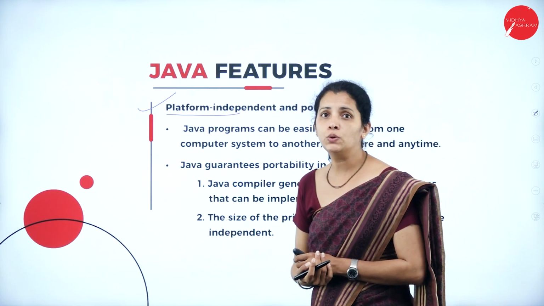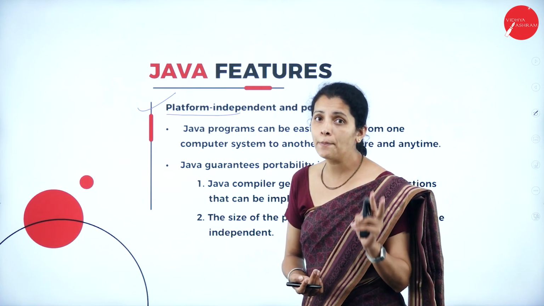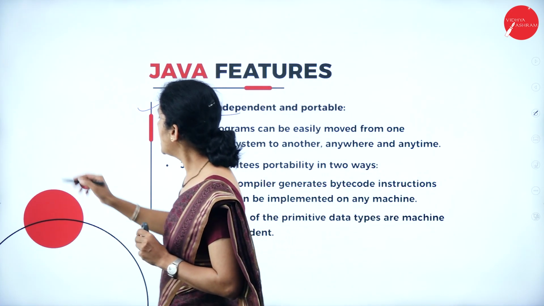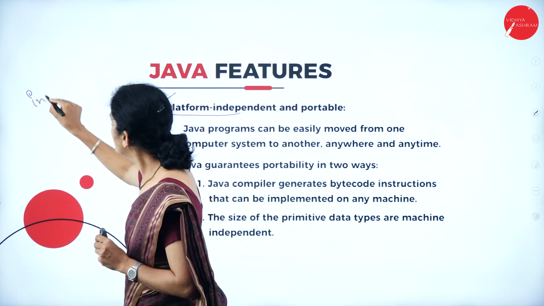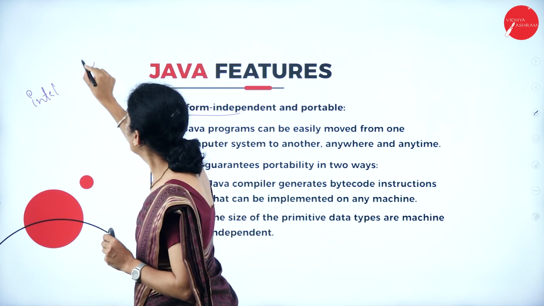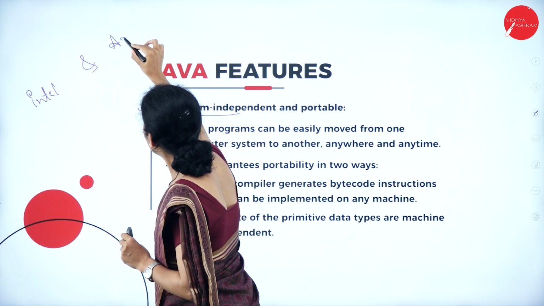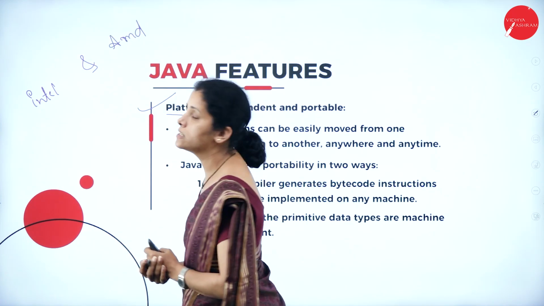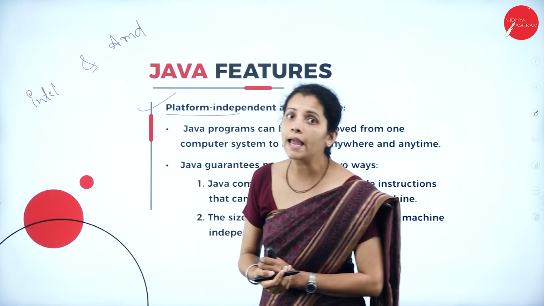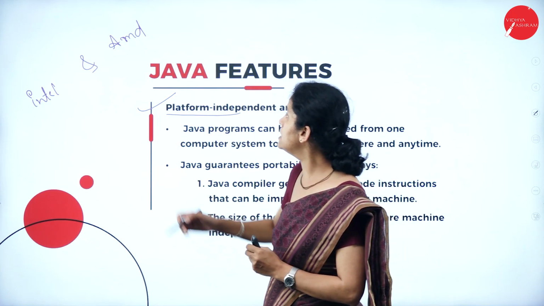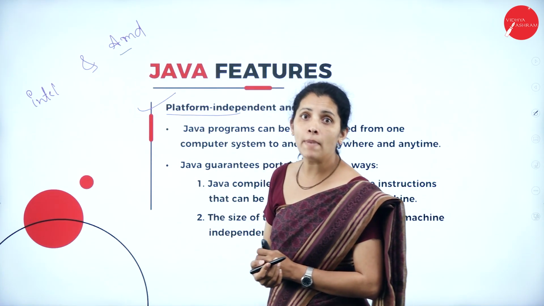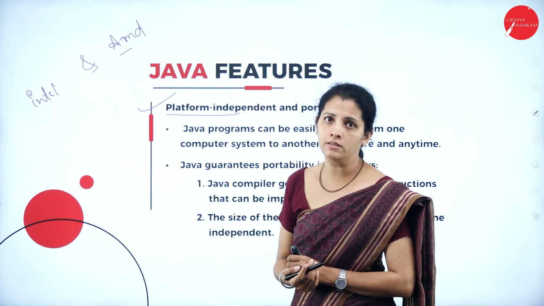Now let me consider two types of processor: Intel and the AMD processor. So what is this AMD? That is Advanced Micro Devices processor.